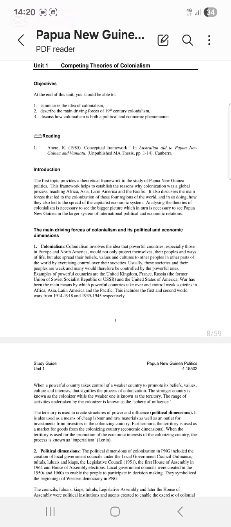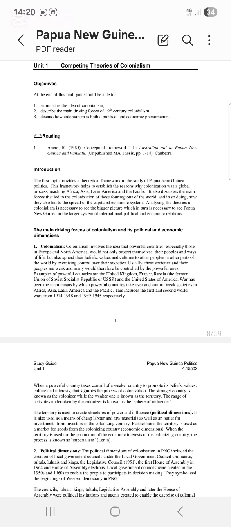All right, second sentence, and I'll read. This framework helps to establish the reason why colonialism was a global process reaching Africa, Asia, Latin America, and the Pacific. It also discusses the main forces that led to the colonization of these 4 regions of the world, and in so doing, how they also led to the spread of the capitalist economic system.